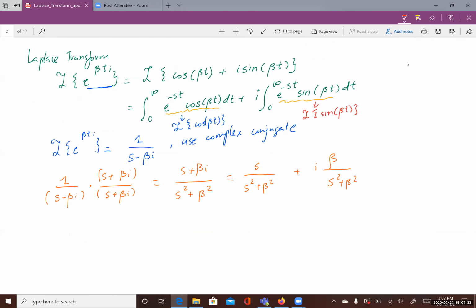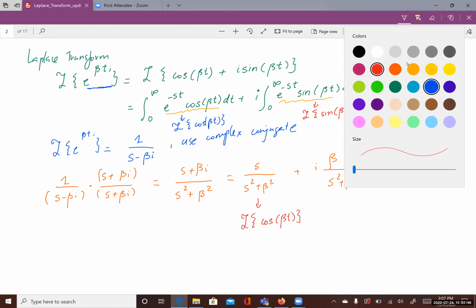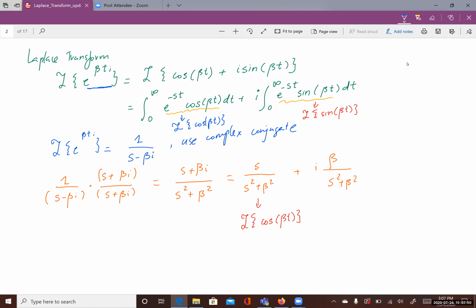And then down here, we found the real part of the Laplace transform, and we know that is the Laplace transform of cosine of beta t. And this is the imaginary part, and we know that it is going to be the Laplace transform of sine of beta t.